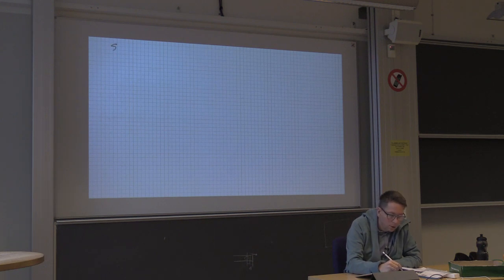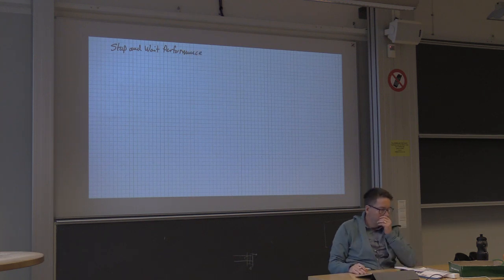So let's look a little bit on how to calculate this for stop and wait performance. Okay, so remember, what we want to do is calculate somehow the time it takes to deliver a service data unit. So we need some notion about what's taking time in this process.